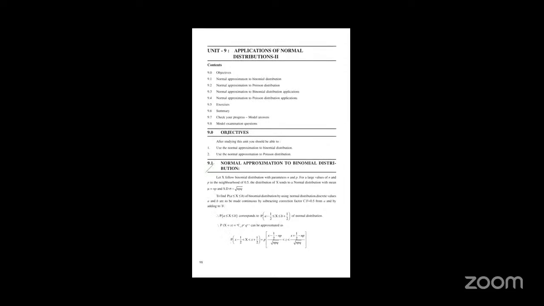Let X follow the binomial distribution with parameters n and p. For a large value of n and p in the neighborhood of 0.5, the distribution of X tends to a normal distribution with mean equal to the expectation of X, mu, which is np, and standard deviation root npq.